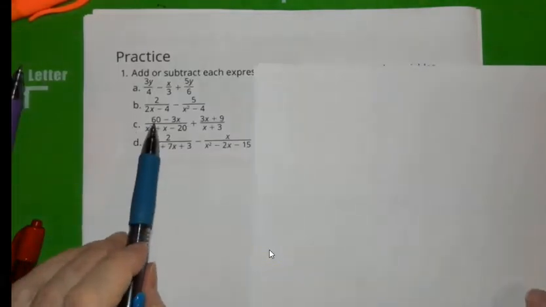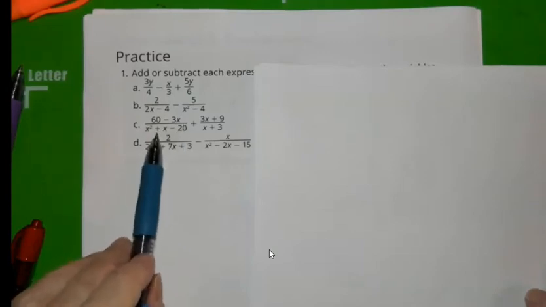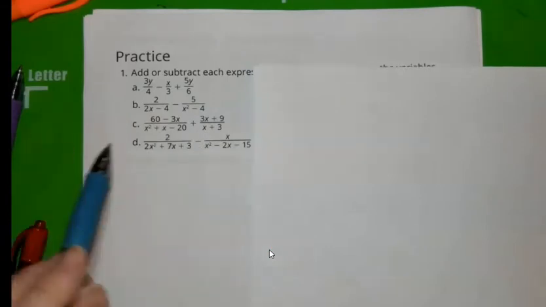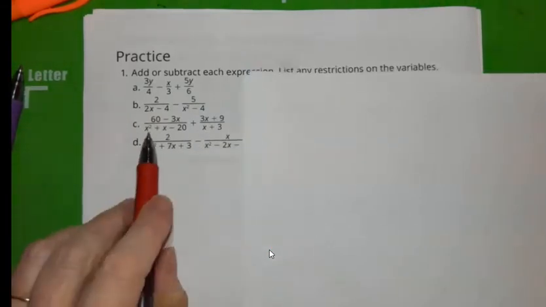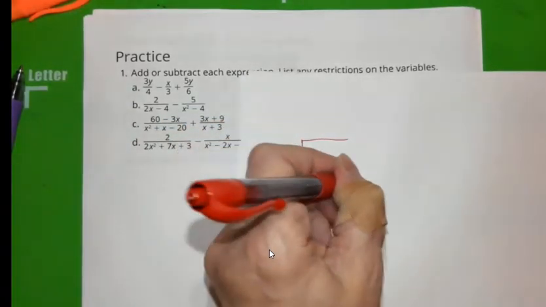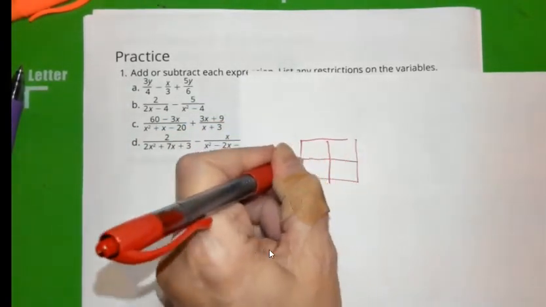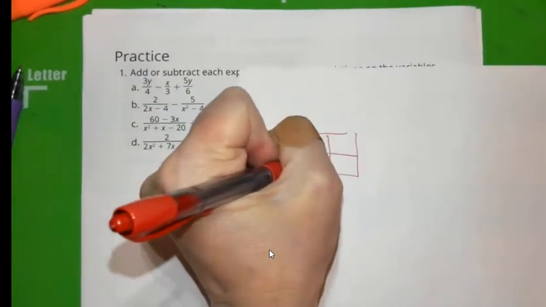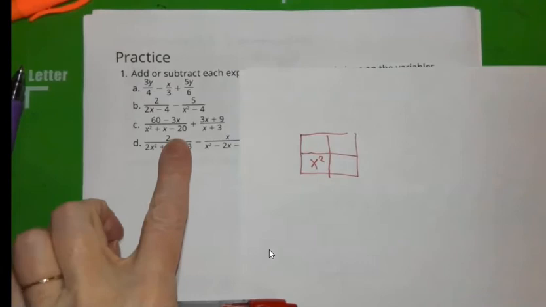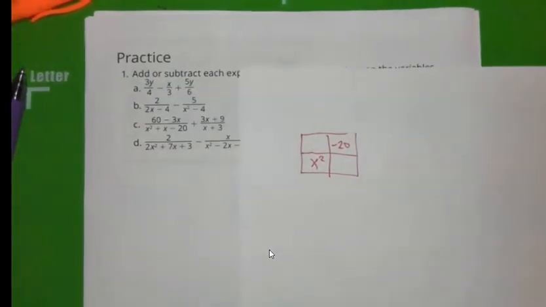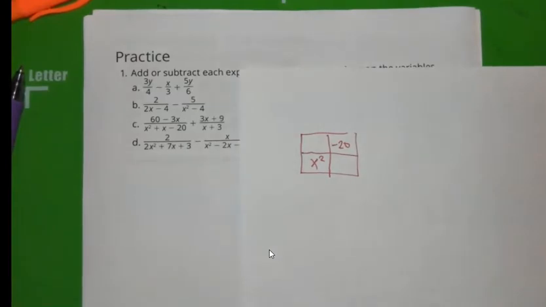On 1C, we have 60 minus 3x over this trinomial. So before I even write this down, I'm going to go ahead and factor that denominator, that trinomial, and I'll use the box method to do it. So let's put this in a box. The x squared would go in one corner, and the minus 20 will go in the opposite corner. Now let's multiply those together, negative 20x squared.